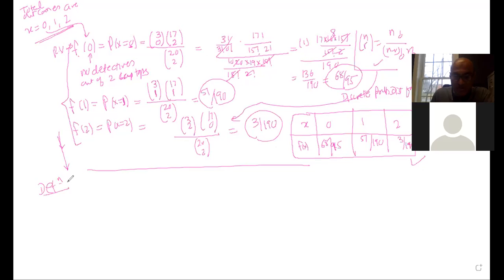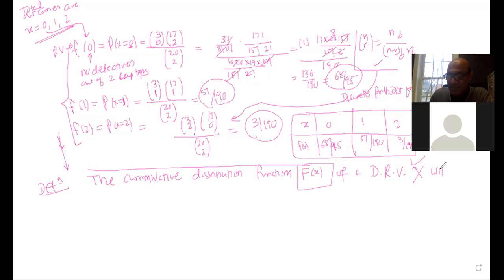So let me go for the definition of a cumulative distribution function. It is given by capital F of x. This is the symbol, please keep this in mind, of a discrete random variable capital X with the probability distribution f(x).